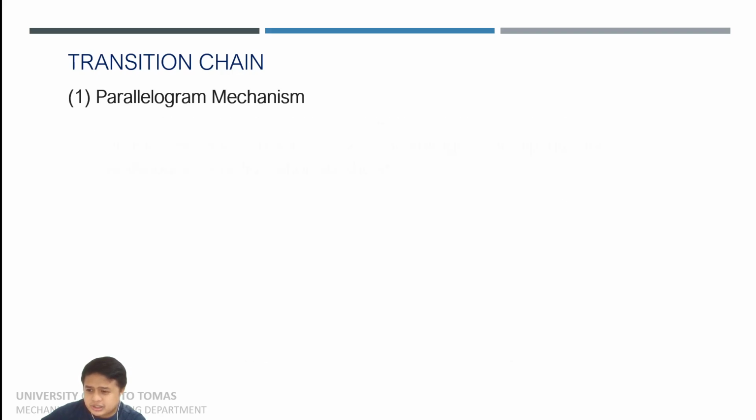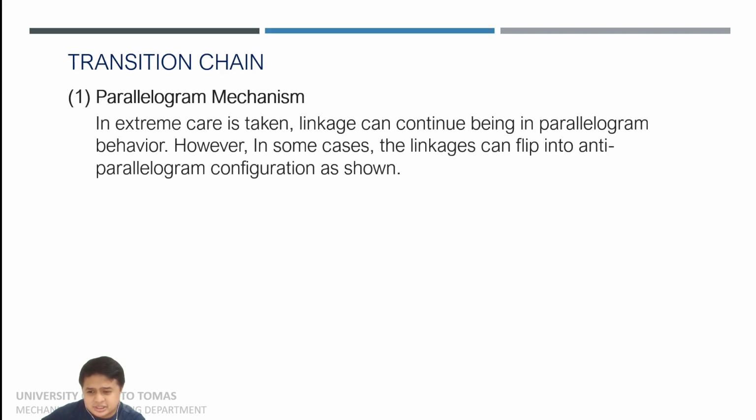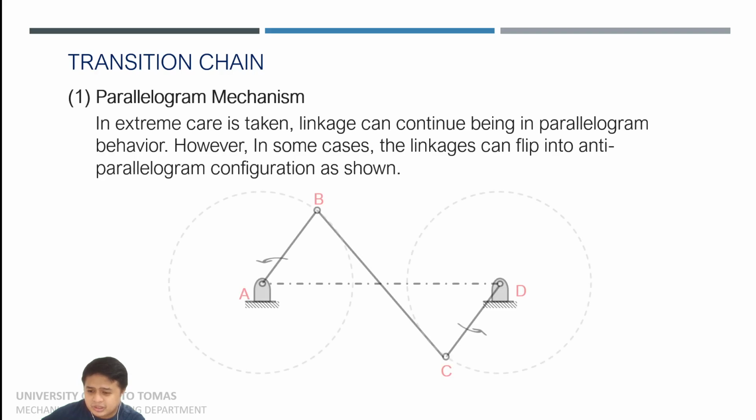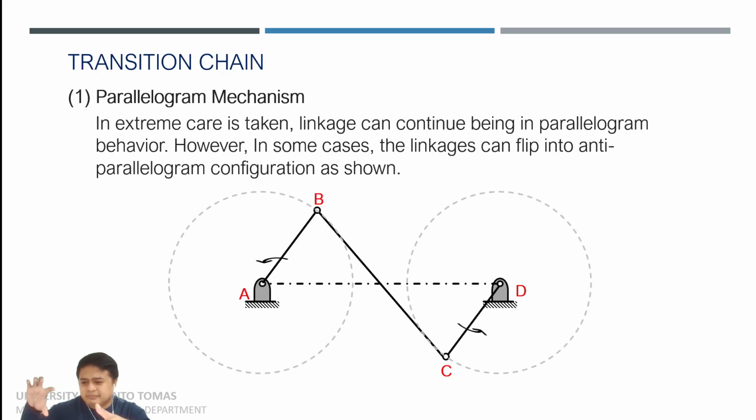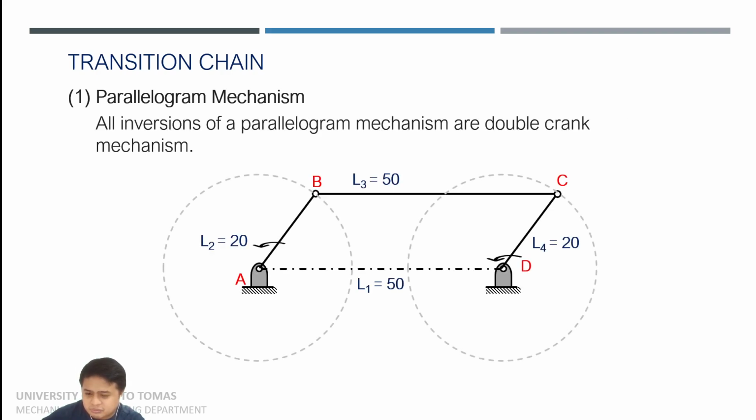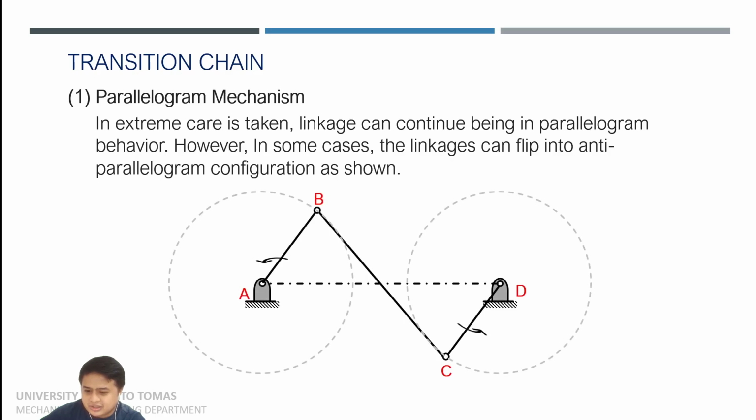But what I'm trying to say here is that in some cases, it can flip, no? Originally, the direction of your rotation will be counterclockwise for this case. But in some cases, it can flip, wherein one can revolve clockwise and one can revolve counterclockwise, in some way.